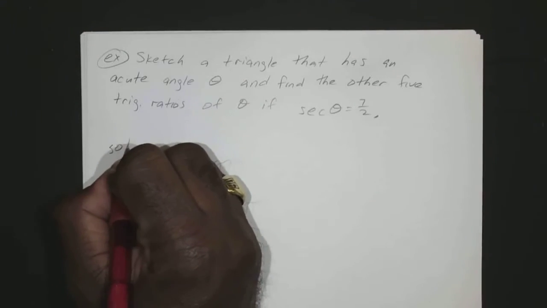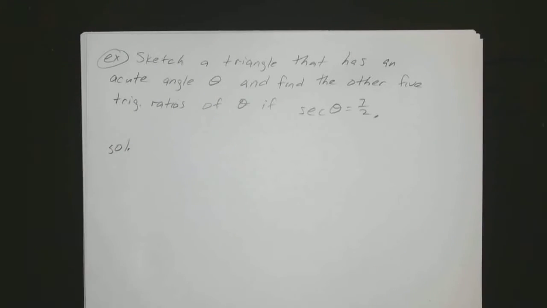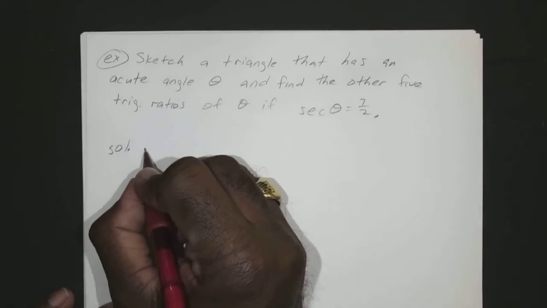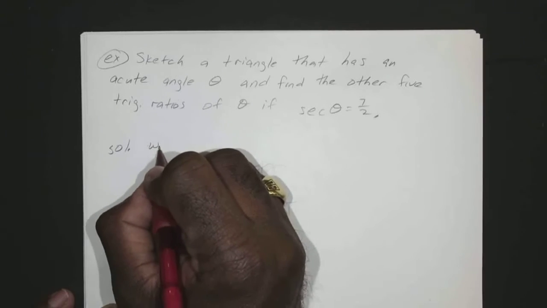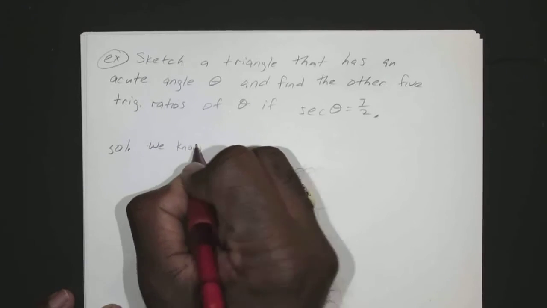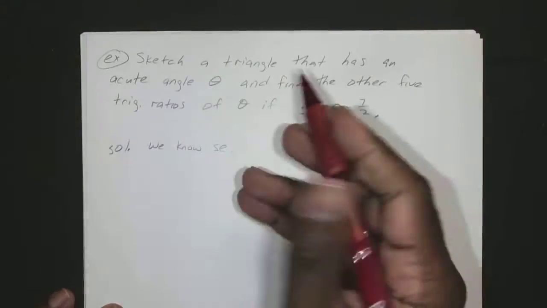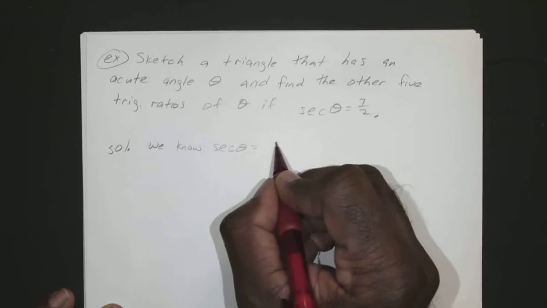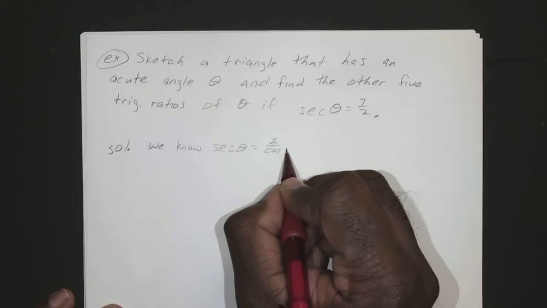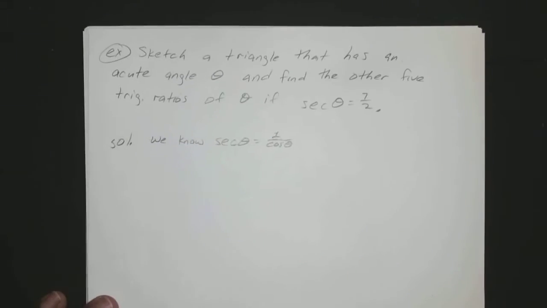Okay, so we know that secant theta is the reciprocal of cosine theta. Secant theta equals 1 over cosine of theta.